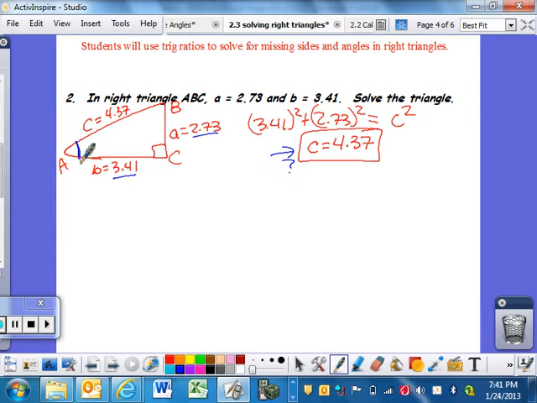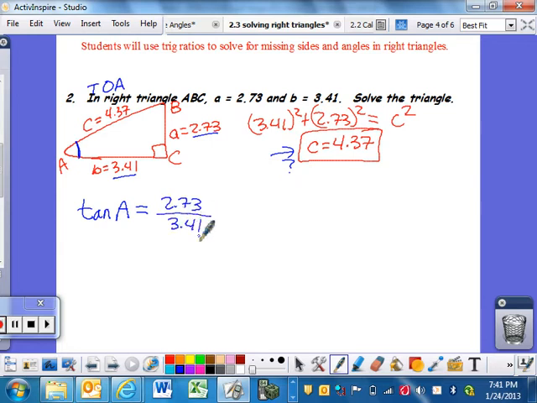Okay, if I want to find angle A, what two sides was I given? Okay, I have the opposite, so side A is opposite, and I was given B, which is the adjacent. So if I have opposite and I have adjacent, that goes with TOA. So I'm going to use tangent of angle A equals my opposite, which was 2.73, over my adjacent, which is 3.41.